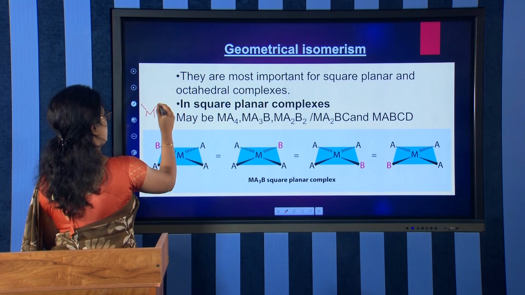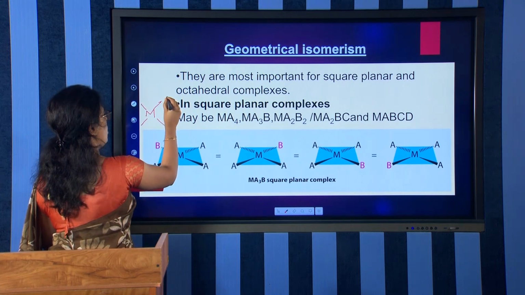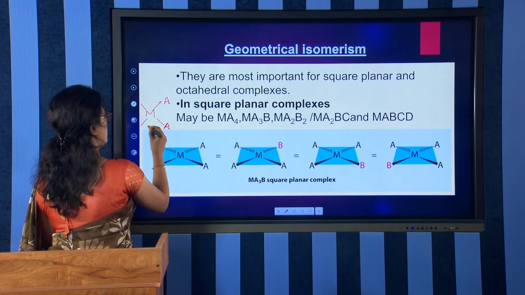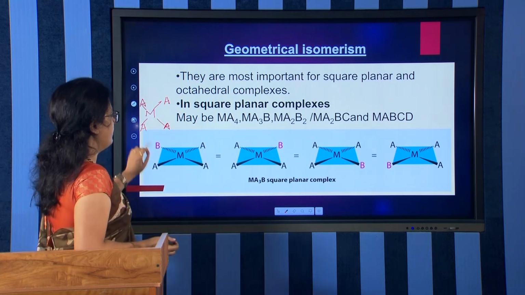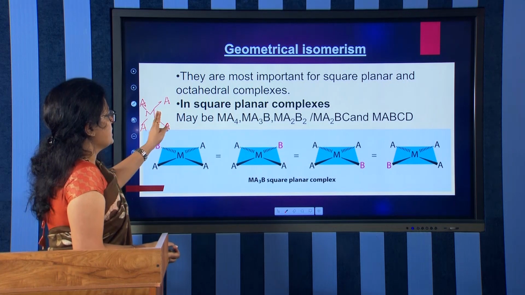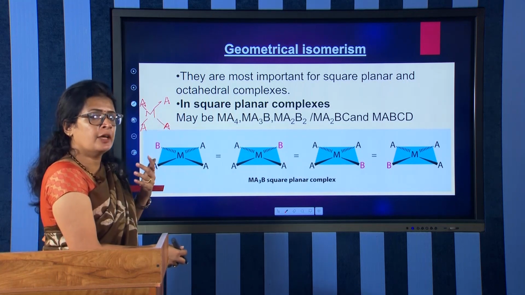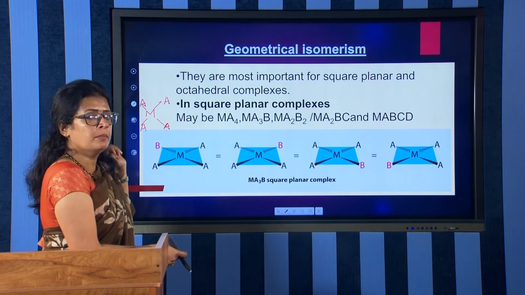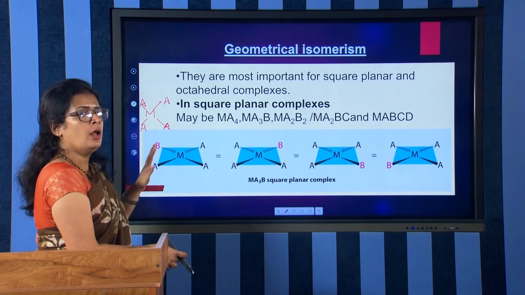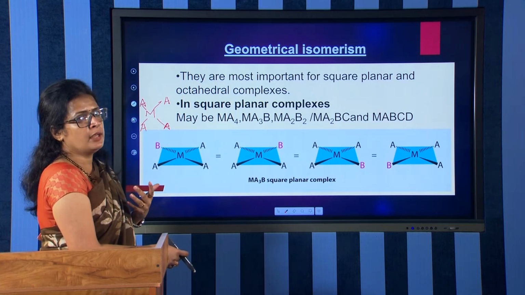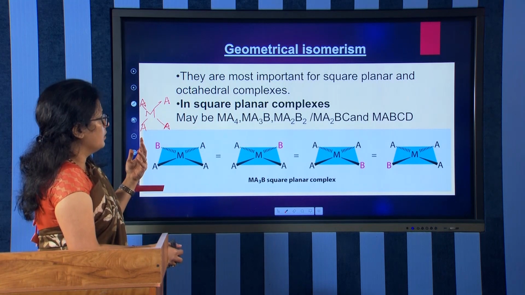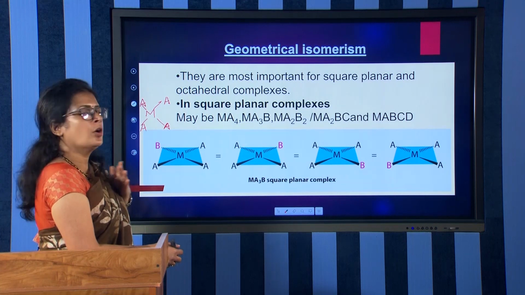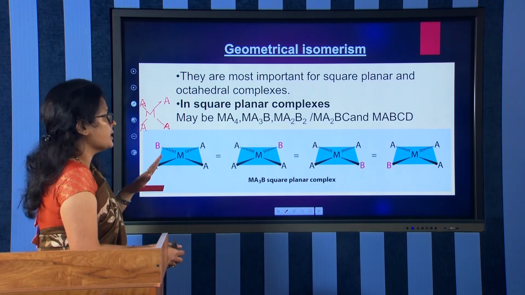A4 means all the ligands are the same, simply MA4 type. Is there any possibility of geometrical isomers for MA4 type? No, because all are the same ligands. Then how can we classify as cis and trans? It is impossible. So, MA4 type will not show any geometrical isomerism.